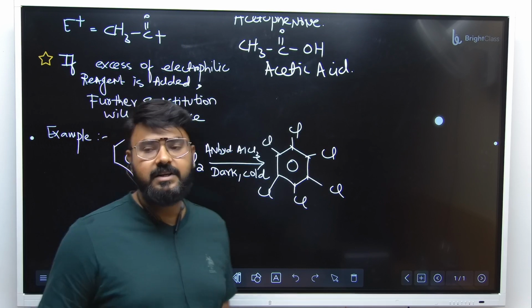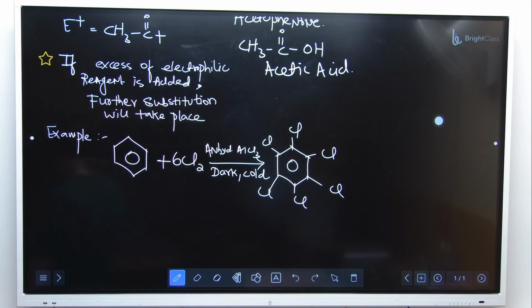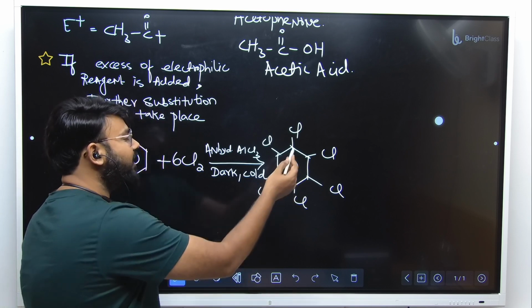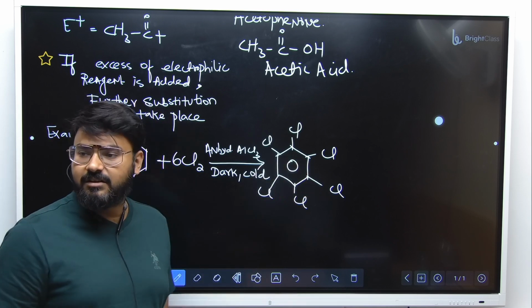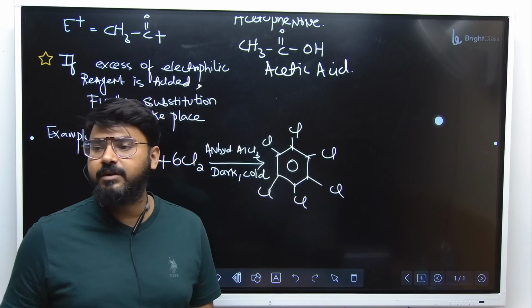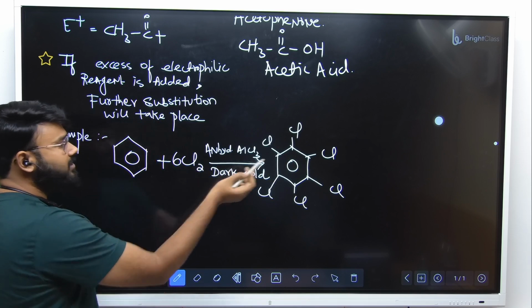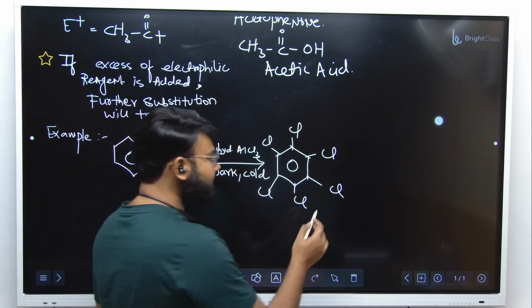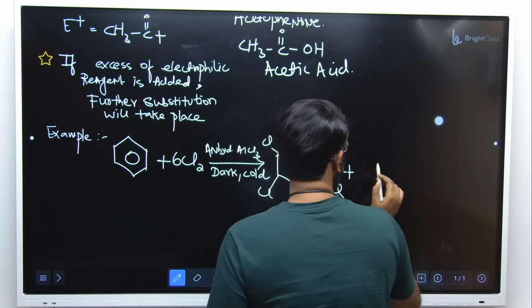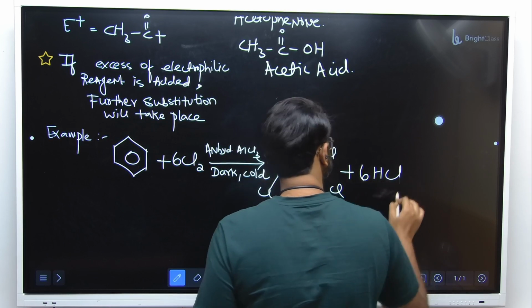All of you, please look at the chlorine. Now tell me, at every position hydrogen is removed, right? So how many hydrogens are removed? At every position when chlorine is substituted, how many hydrogens are removed? There were 6, right? So those 6 hydrogens will bond with the remaining 6 chlorine to form 6 HCl.